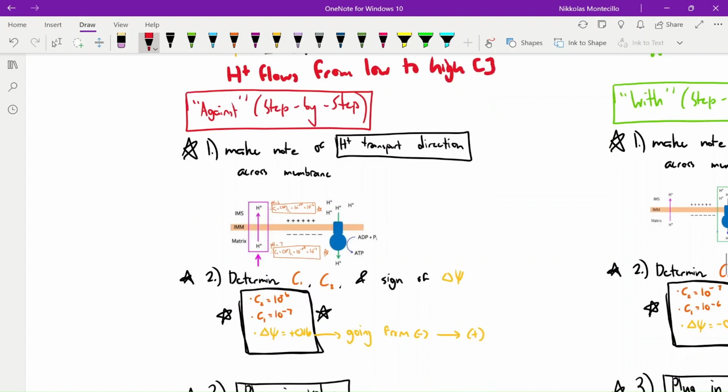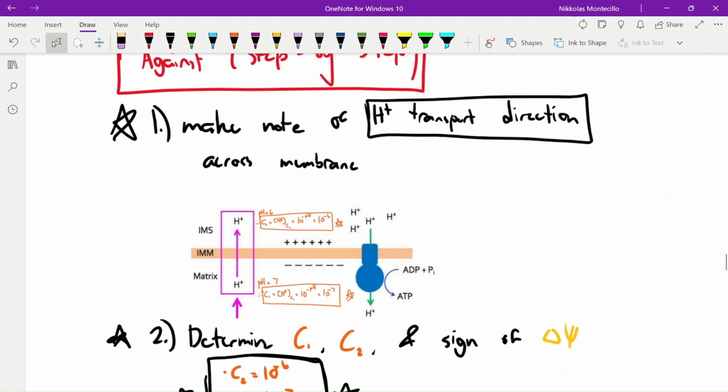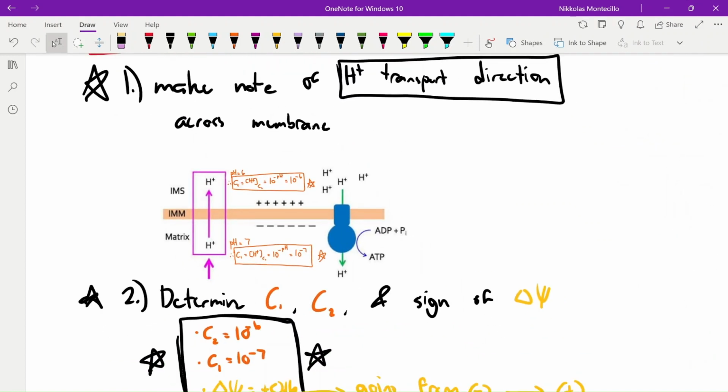So make note of the hydrogen transport direction across the membrane.